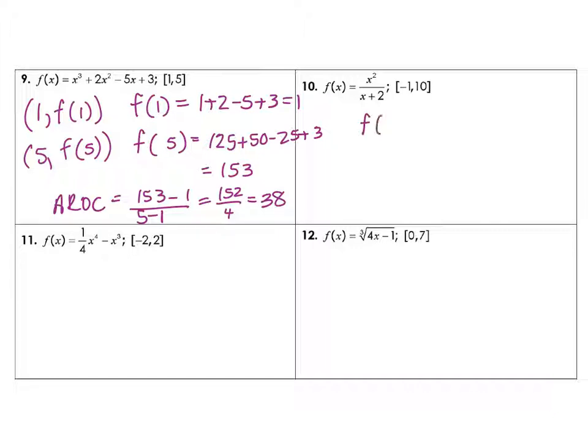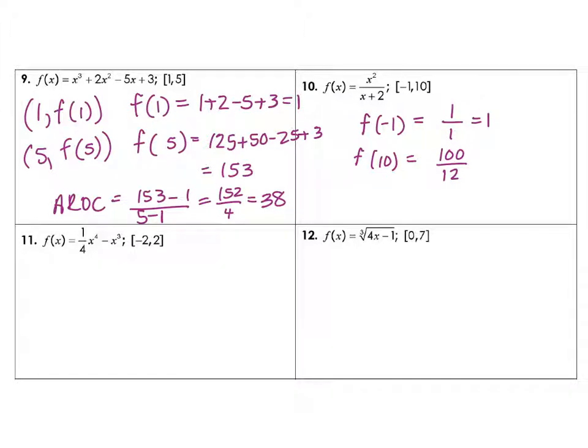I'm going to go ahead, I think y'all see the pattern, and just show f at -1. So when I plug in that, then we are going to end up with 1 over 1. So we should just get a 1 there. And then f at 10, when we plug that in, we're going to have 100 over 12.